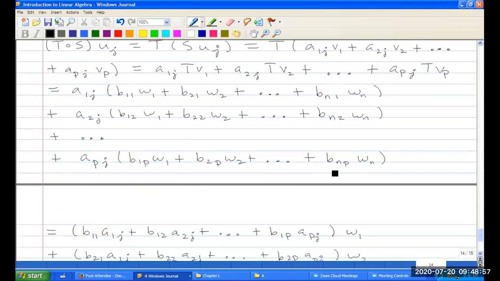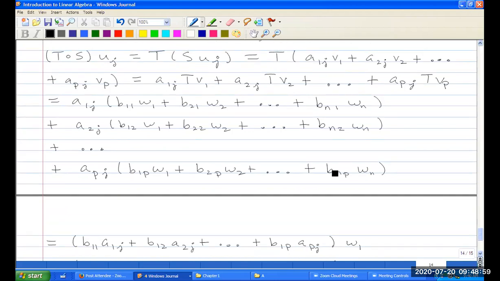But now let's regroup things. Let me look at this one here. This is B11, B12, dot dot dot B1P, all times W1, and A1j dot dot dot A sub Pj.